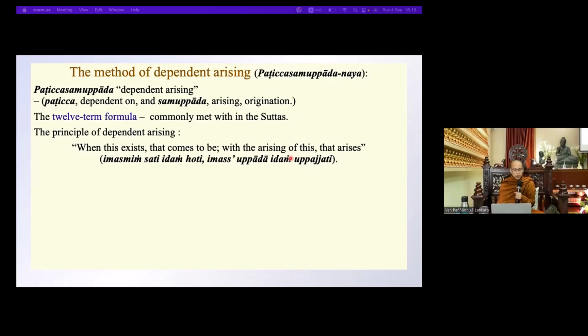Due to the arising of the condition, the arising of the conditional state occurs. This is a short expression in the Sutta, but it becomes the basic formula of the Paticcasamuppada.